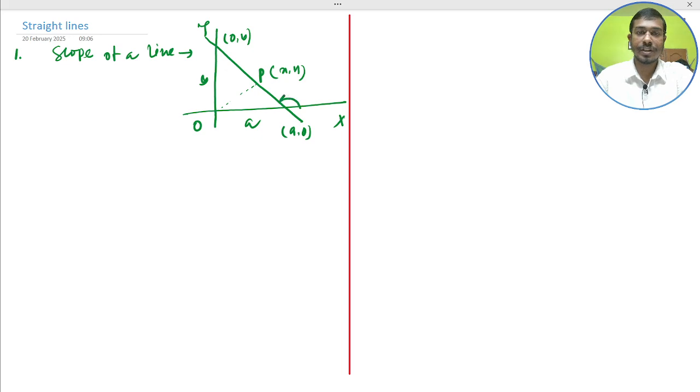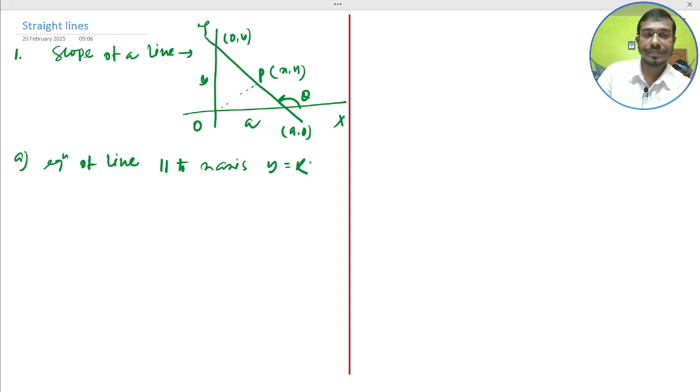So first of all, number one, the equation of a line parallel to the x-axis is y equal to k, a constant. Here k is basically the (h, k) point, and theta is the parameter.